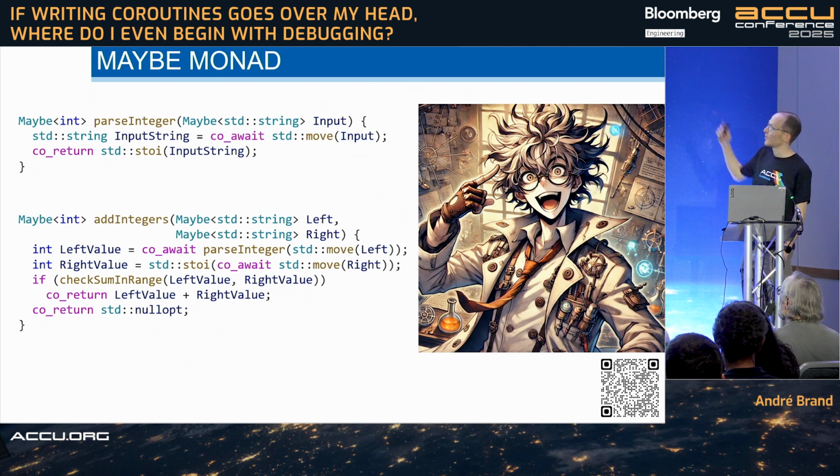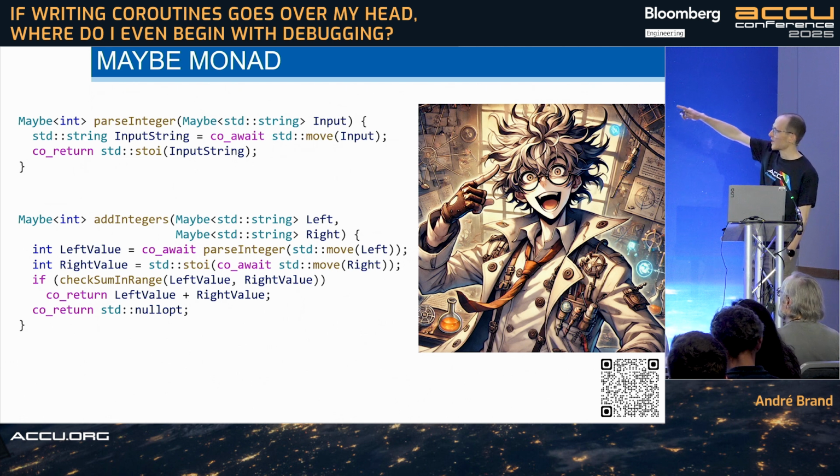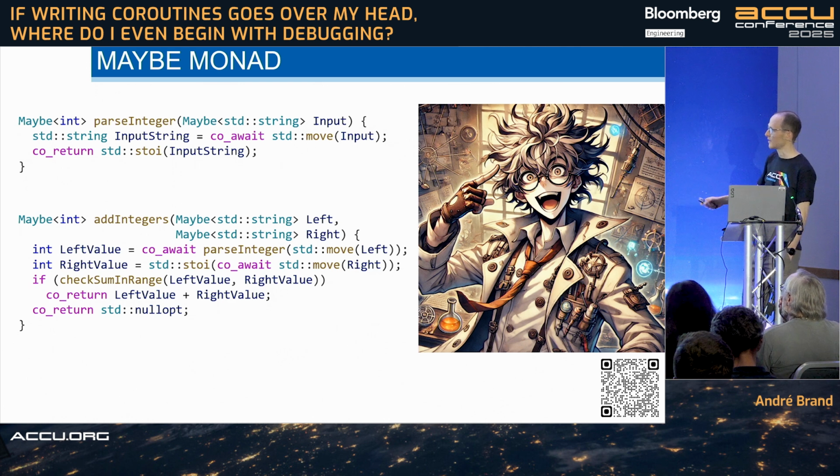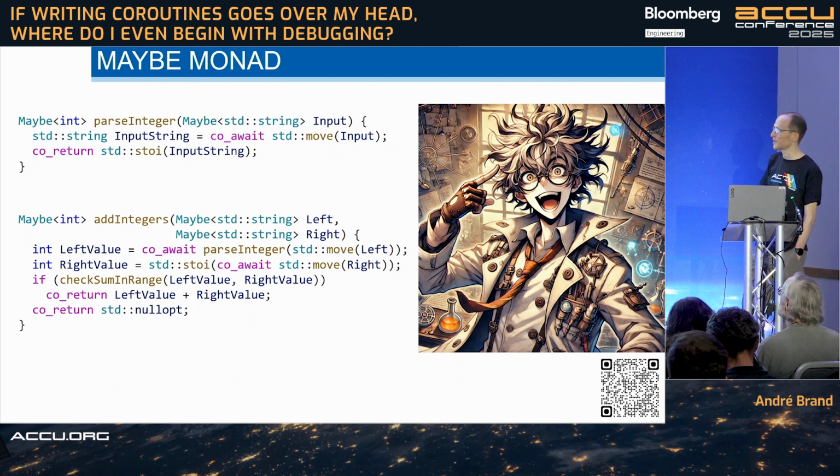So if I want to add integers given as strings, as maybe strings, I can evaluate the values on their own. I don't have to check for their return values, because whenever I co_await on a null type, I will suspend the coroutine, leave everything, and the suspended coroutine means to the caller that it's a null optional, and can simply omit further execution of the coroutine, which is kind of elegant in a sense.